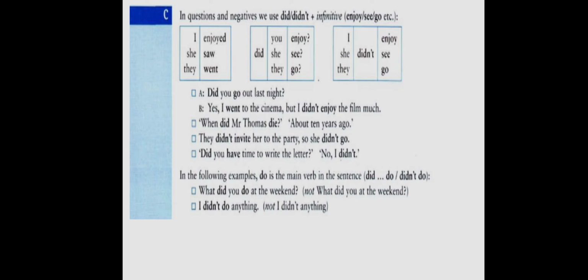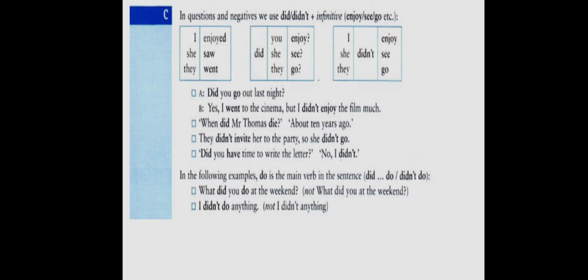So it becomes did you, and we change the verb enjoyed into the base form, enjoy. When you use did in the question or didn't in the negative, it changes the verb into the base form. So it becomes did you enjoy?